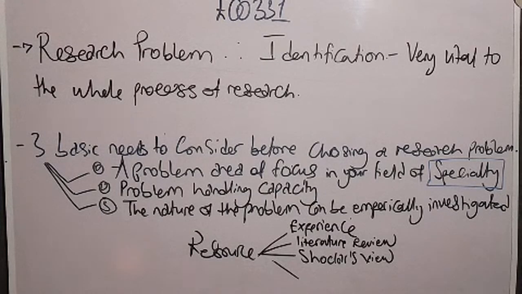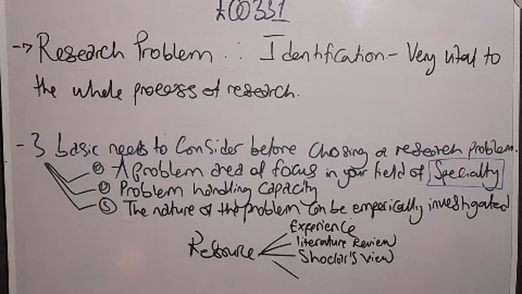Number two, consider how researchable the problem is. Can this problem be researched? Is it something you can commit to and not get stuck along the way? You also need to consider that.